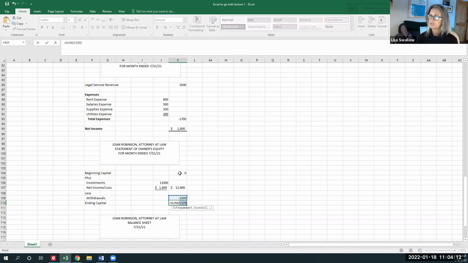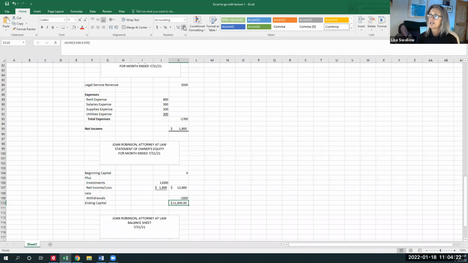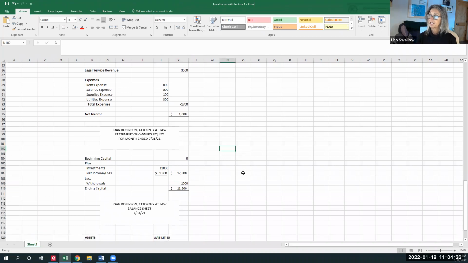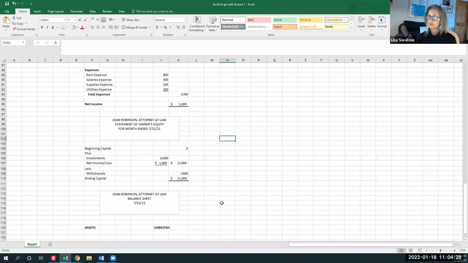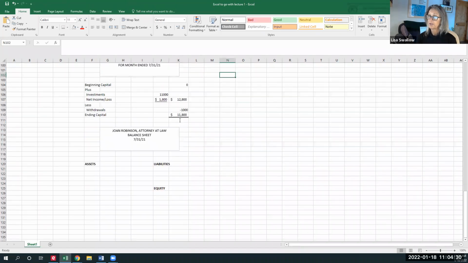My ending capital is beginning capital plus investments and net income minus drawings, $11,800. Dollar sign it and double underline it. And again, the reason we do things in this order, we need our ending capital number because that is our equity number.